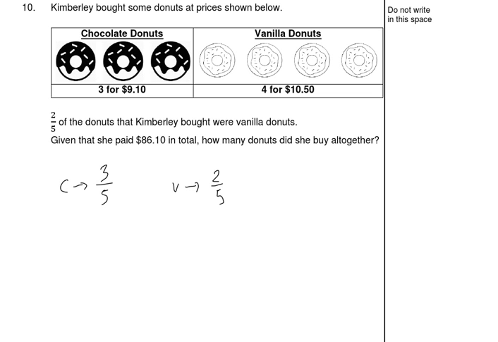Correct? Because the donuts, you can't compare it when they are unequal. So I need to make them 12. And 12, it will cost how much? This is 9, 10 times 4, right? $36 and this one will be 12.